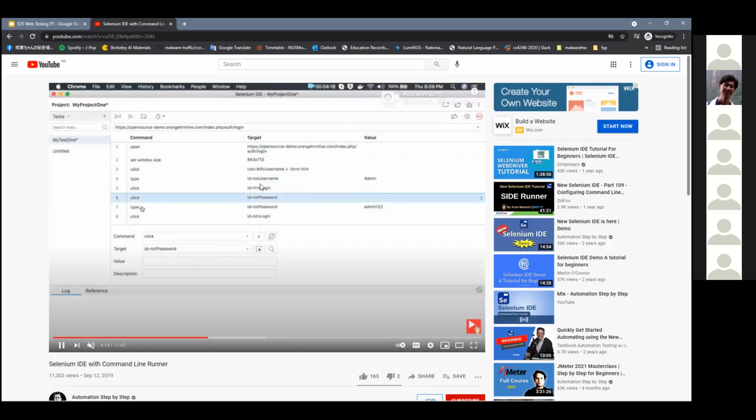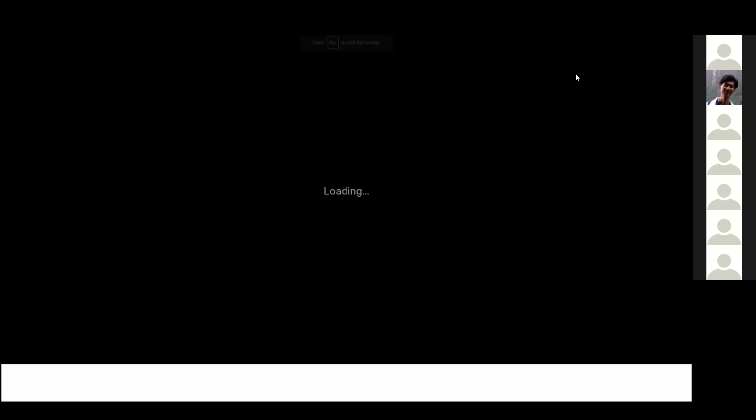Then afterwards you can also modify all these values. You can see the web element locator is the ID of each HTML element. Yeah. So I'll go back to the presentation.